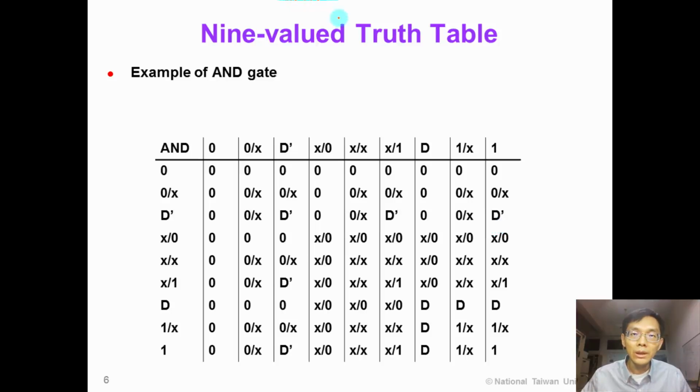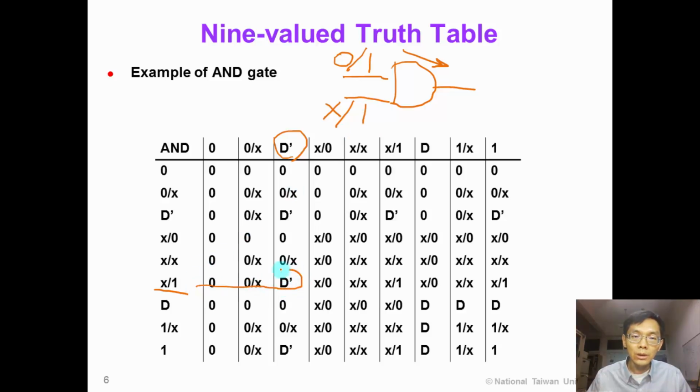For example, given a 2-input AND gate, suppose that one of the inputs is D prime, which means that the good circuit is 0, the faulty circuit is 1. If we want to propagate this D prime to the output, we could have X1, which means the good value is unknown and the faulty value is 1.